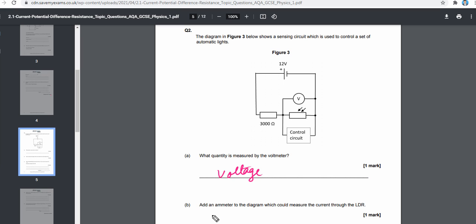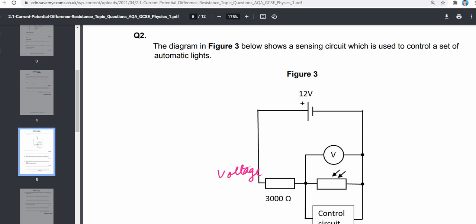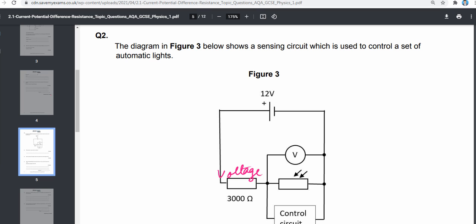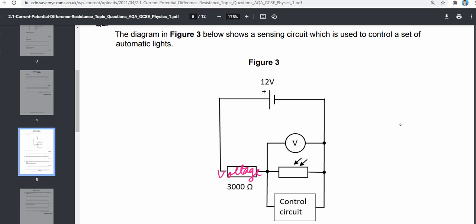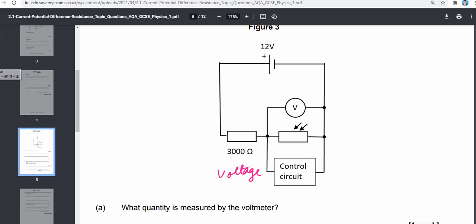Now the next question says add an ammeter to the circuit which could measure the current through the LDR. So this is the LDR, this is the symbol for the LDR, and we have to attach an ammeter so we could measure the current through it.